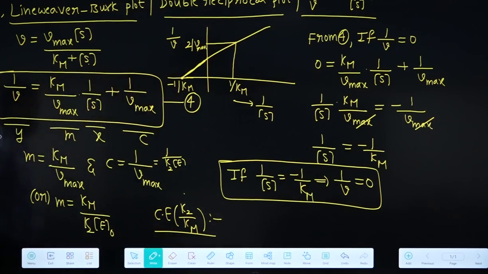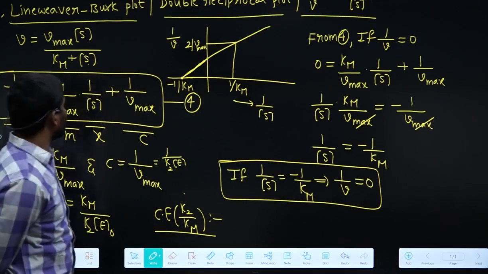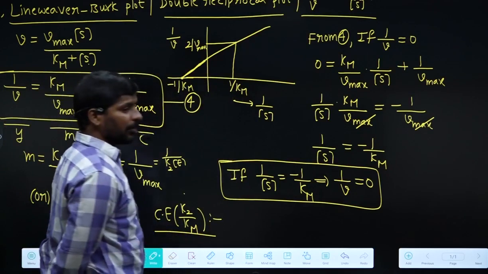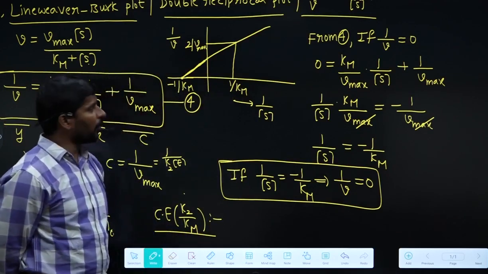This is about the Lineweaver-Burk plot, the double reciprocal plot, 1 by v versus 1 by s plot. And one more linear plot we have, the Eadie-Hofstee plot.